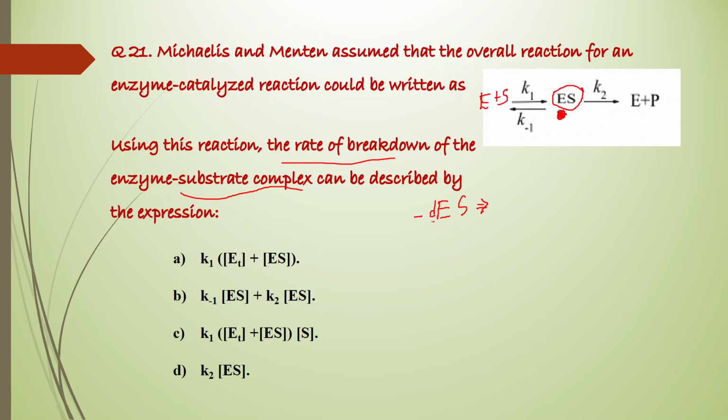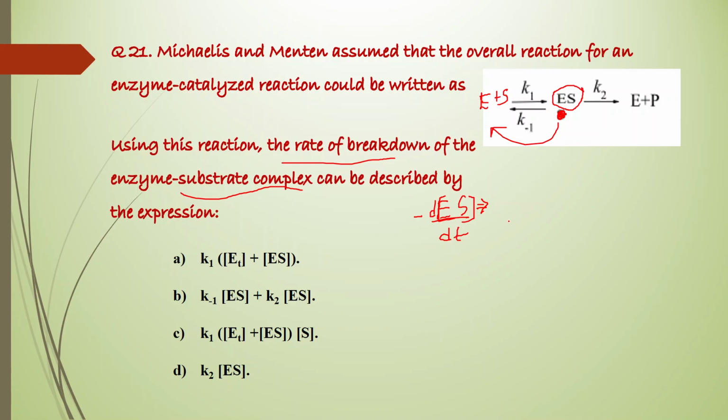So basically you have to determine minus d[ES]/dt. Okay. So one breakdown is happening via this step, where it is in equilibrium with enzyme and substrate. So ES can break down to individual enzyme and substrate. This is your one step that can happen for breakdown.